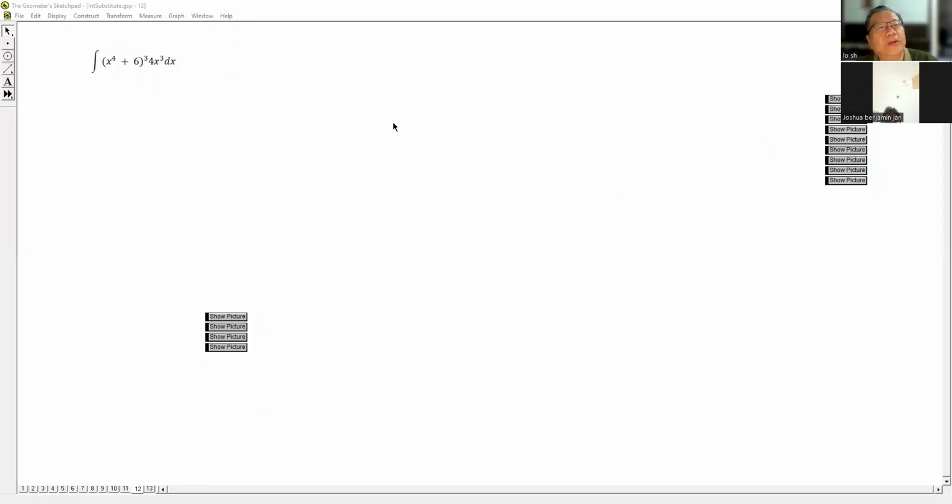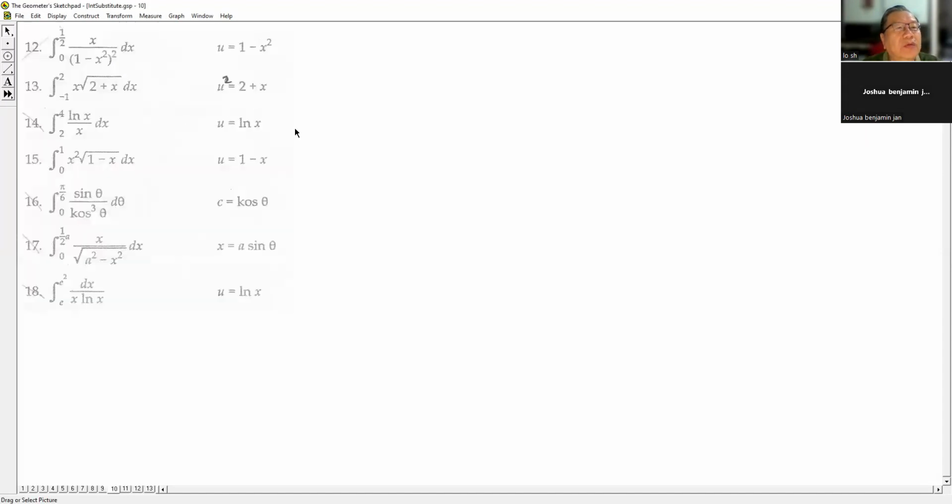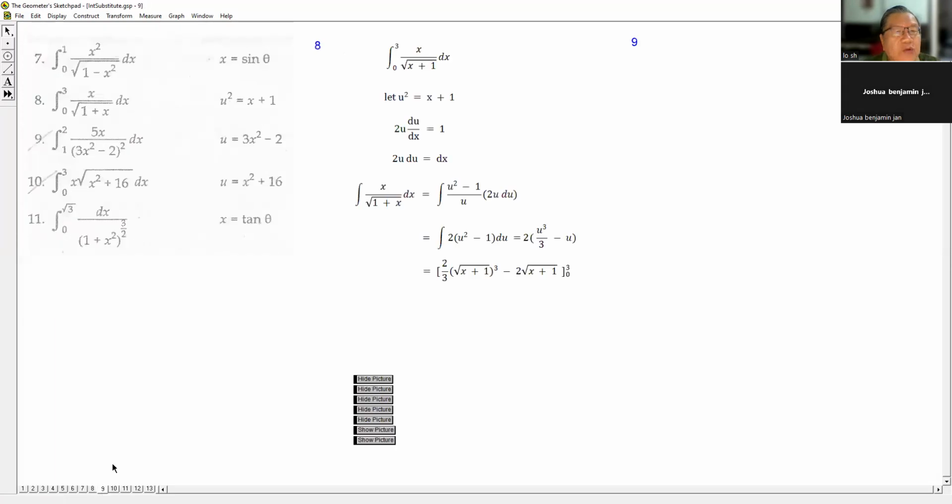Okay, right. So you cannot do the integration without using substitution. I have already shown you a few using substitution. This one, whatever is inside the square root, we call it u. Because there's a square root there, you have to use u squared.